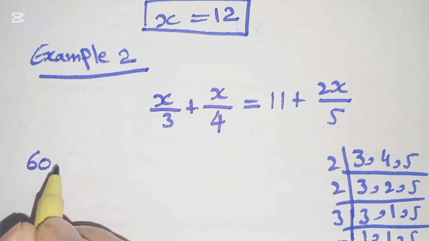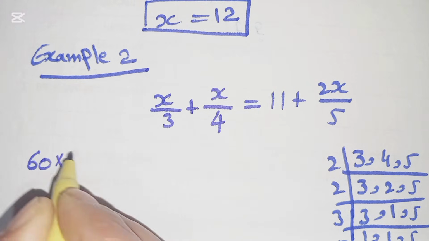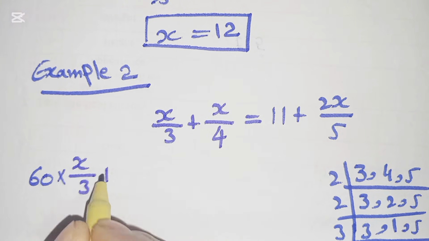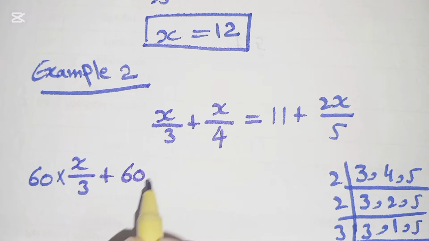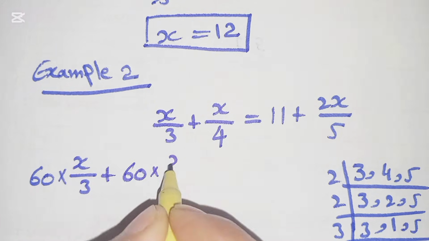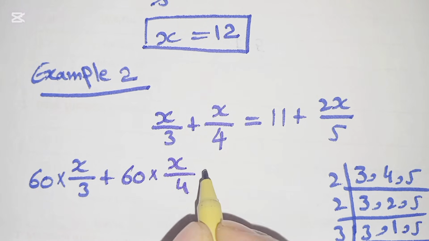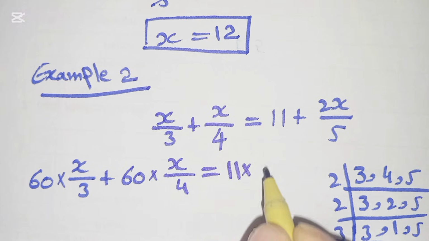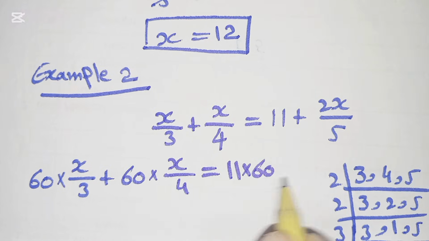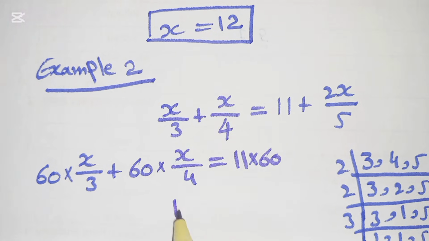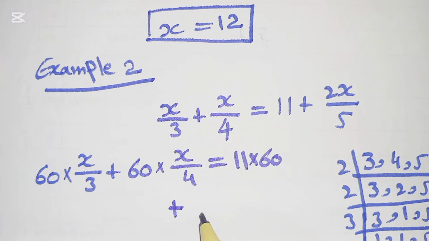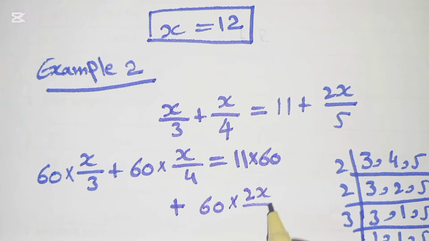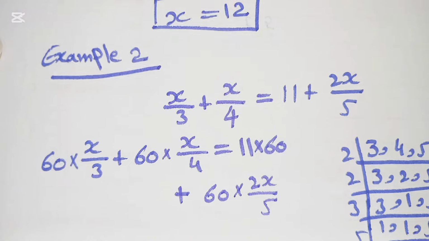60 multiplied by x over 3, then plus 60 multiplied by x over 4, is equal to 11 multiplied by 60, and then plus 60 multiplied by 2x over 5.